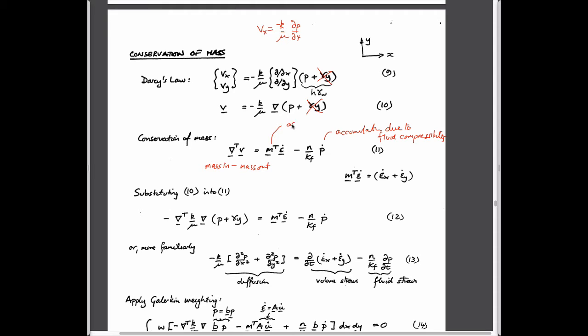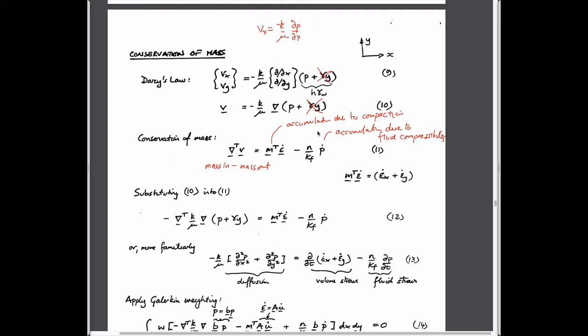And this is accumulation due to compaction, if you like. So accumulation usually means stuff that's accumulating inside it, but it could also mean the negative accumulation, right? The amount that's squeezed out.